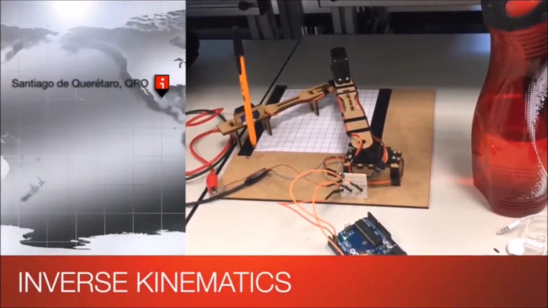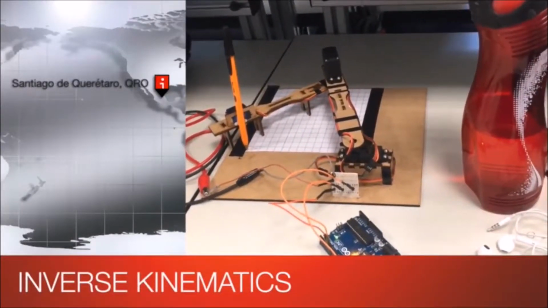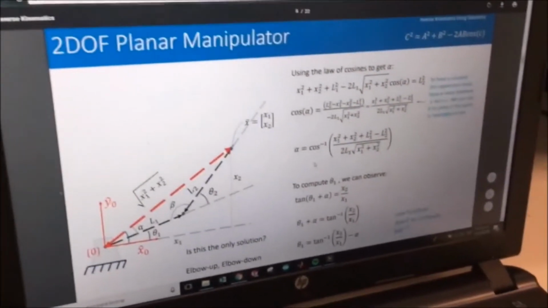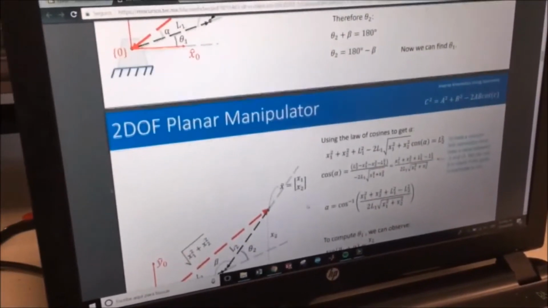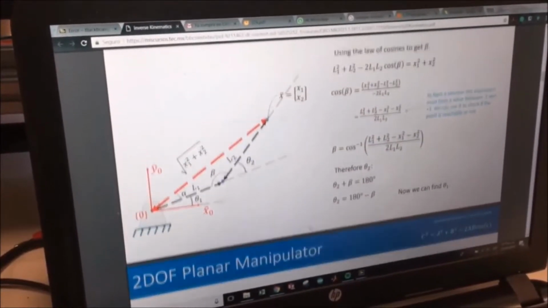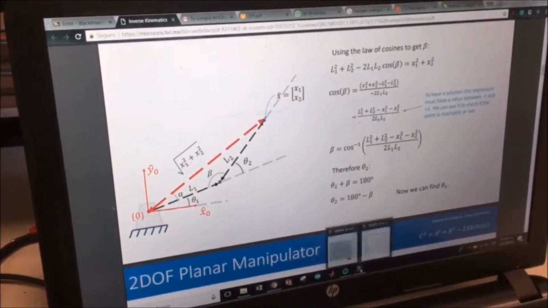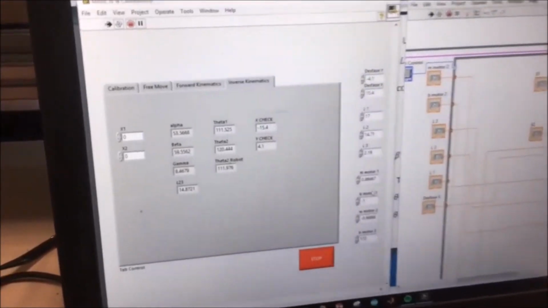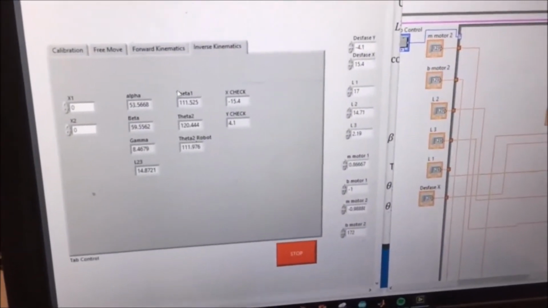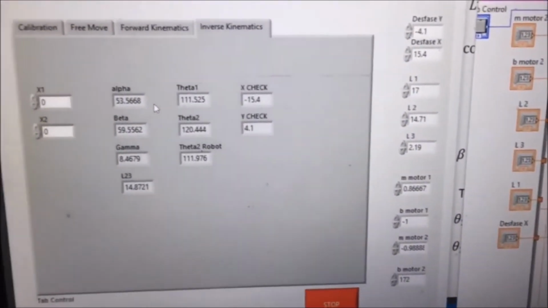So here we will explain what we did with inverse kinematics. First of all, we can see the formulas that we apply. Here are the formulas. After that, we can see that if we send the robot to 0, 0, it will go.